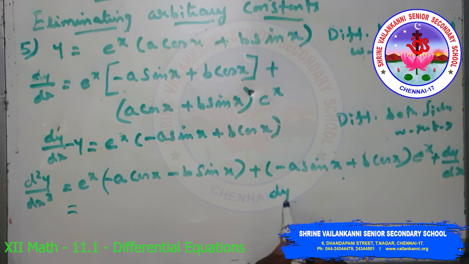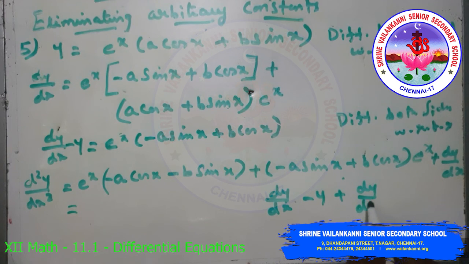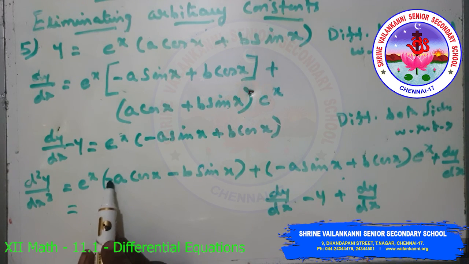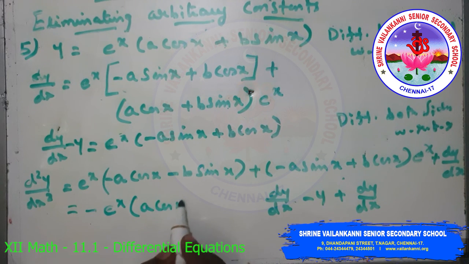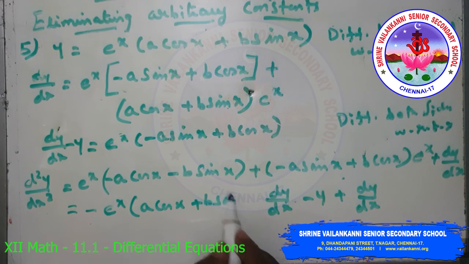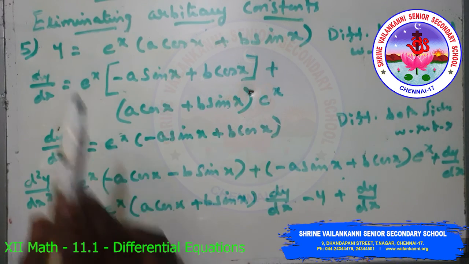we get dy by dx minus y plus dy by dx. And here we can take minus out: minus e power x into (a cos x plus b sin x), which is nothing but y.